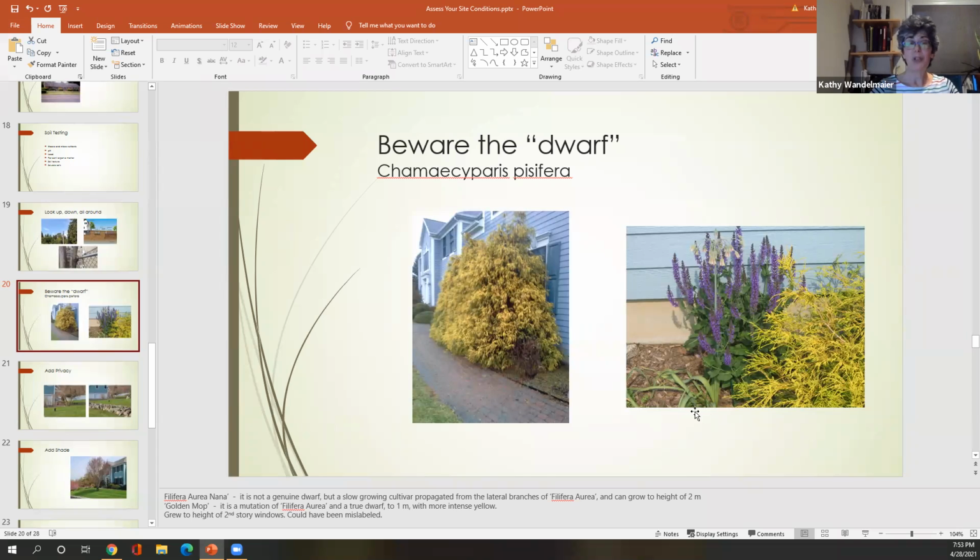When you consider that the straight species could grow to be as much as 80 feet tall, a dwarf form that grows 10 to 15 feet tall may not be your idea of what a dwarf is. And that's the situation I ran into. I thought it was going to stay very small. I thought I was getting Filifera aurea nana. Aurea means gold, nana means dwarf.